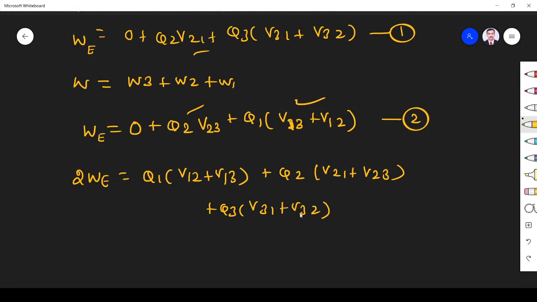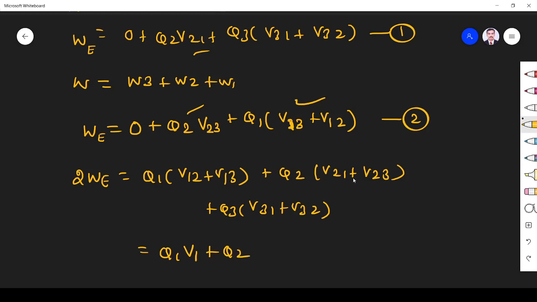So that is becoming Q1 into, see, V12 plus V13, which is nothing but the potential at point 1 due to charge 2 and the potential at point 1 due to charge 3. That is the remaining potential. I can write it as the potential at point 1.